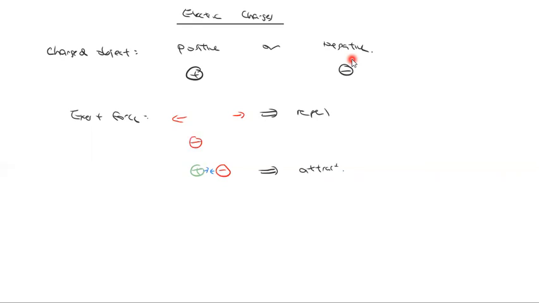And if it's negative, negative, they repel. And if it's positive, positive, they repel as well. Okay. So these electric charges exert a force, and this is called the electrostatic force.